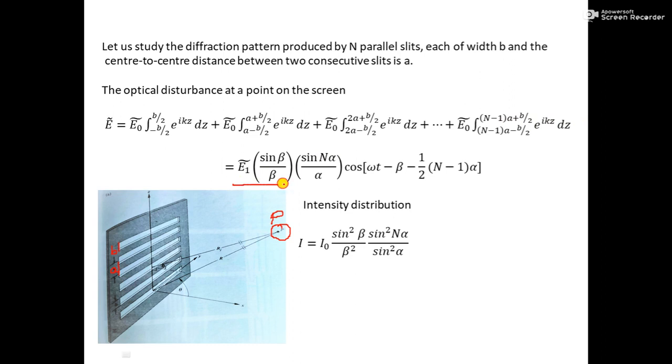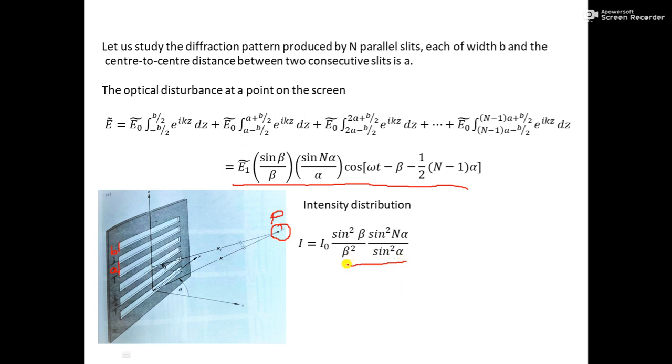This expression, which comes after the integration, includes a constant, sin beta by beta, and sin n alpha by sin alpha. So the intensity will be I equal to I naught sin square beta by beta square into sin square n alpha by sin square alpha.